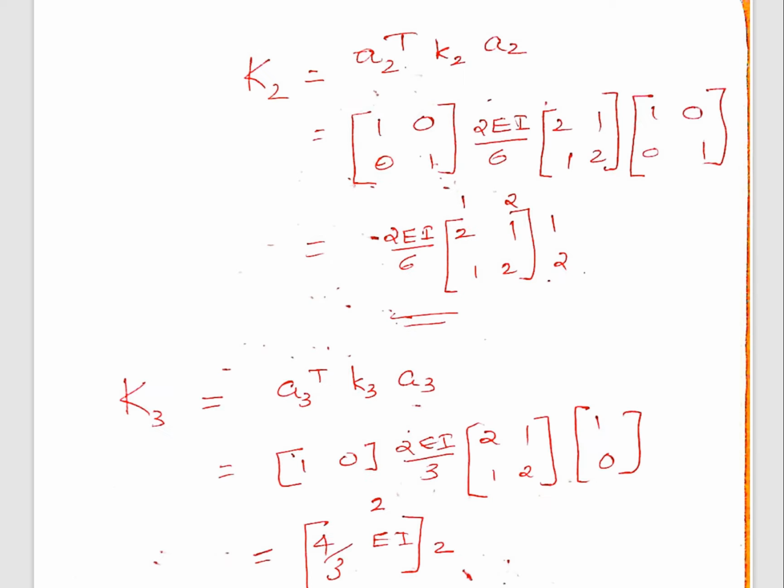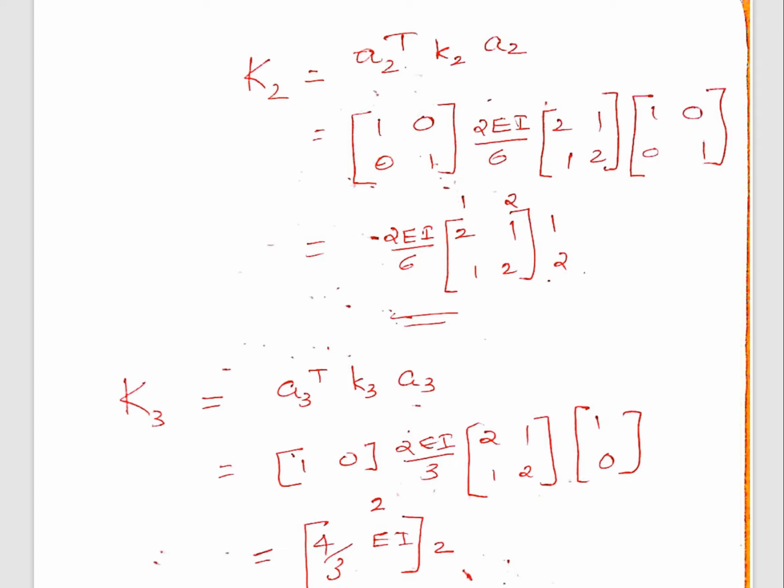Now for the second element, capital K2 is equal to A2 transpose into small k2 into A2. So substitute small a2 transpose, multiply with the small k2 element stiffness matrix, again multiply with the small a2.